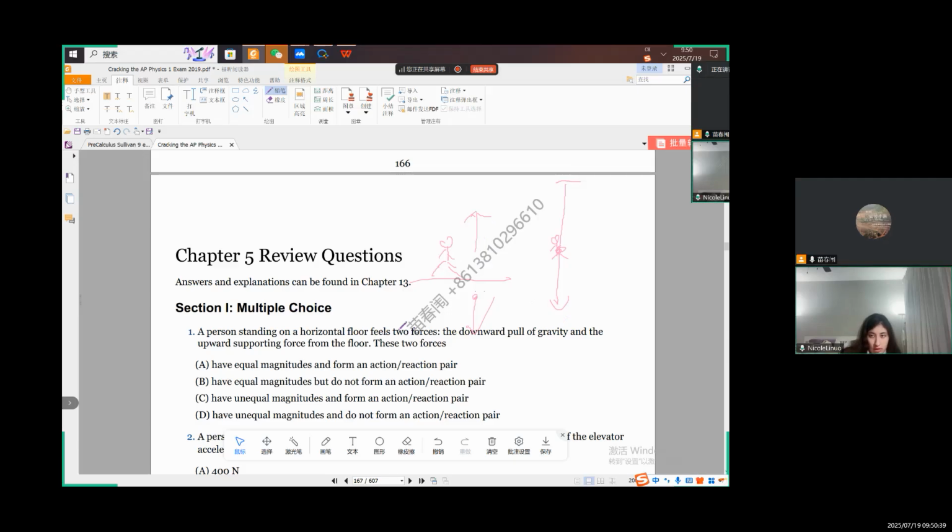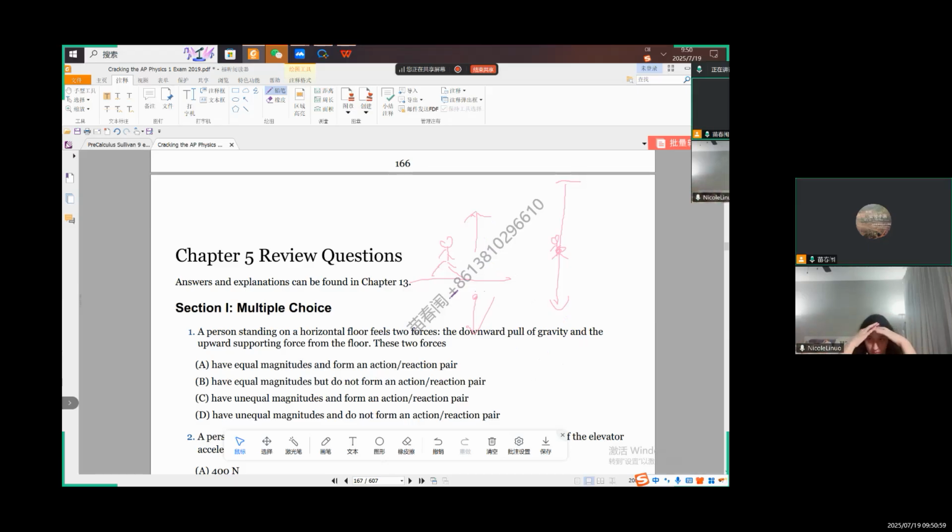Yeah, so they have the same magnitude. It is the same magnitude, but B do not form an action and reaction pair. Does that make sense? Okay. So in this kind of situation, let's say the force from the person to the ground.